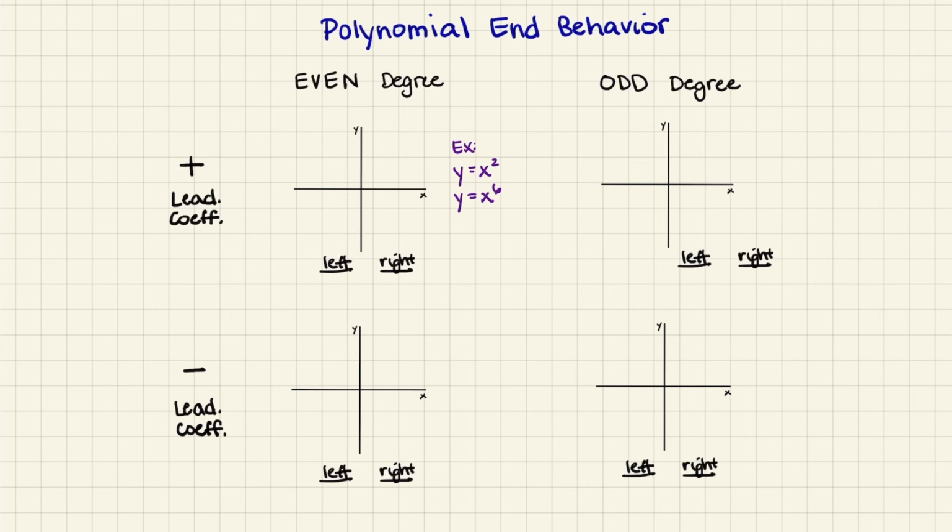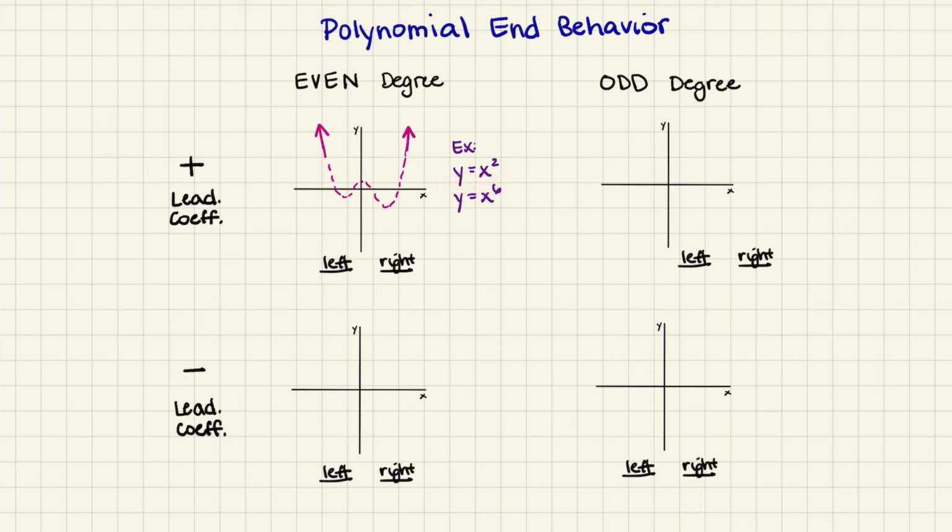So a polynomial with an even degree and positive leading coefficient will always go up on the left side and up on the right side. And the middle can have any kind of shape. And that makes sense because if we think about y equals x squared, that's a quadratic equation.